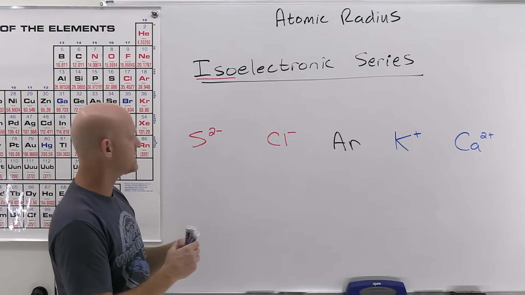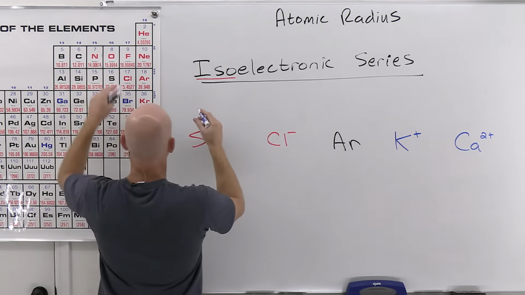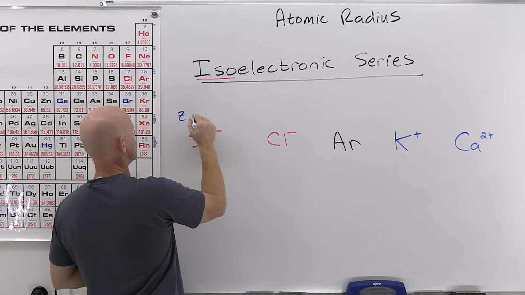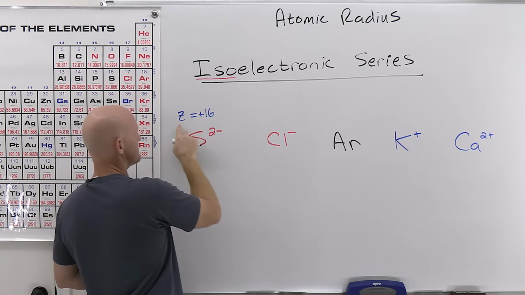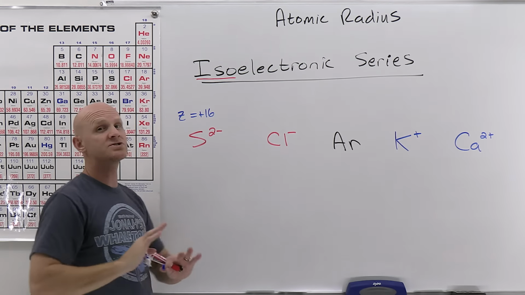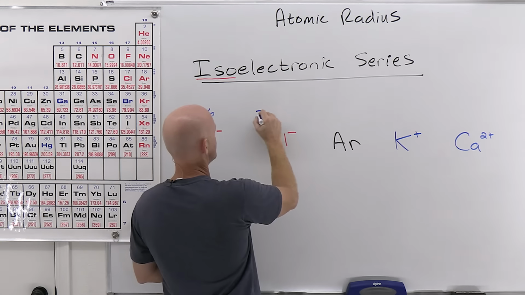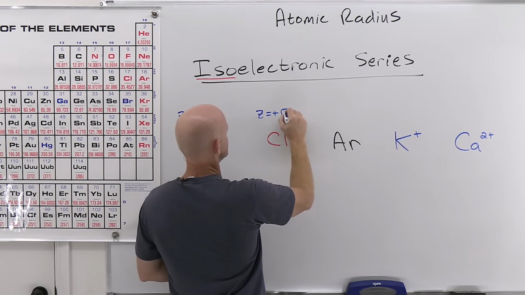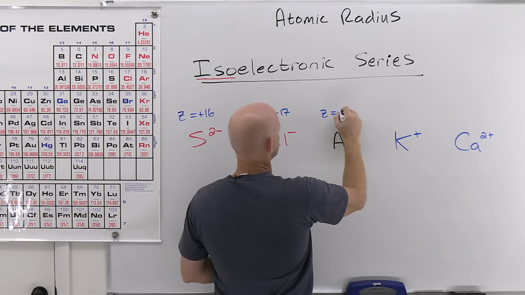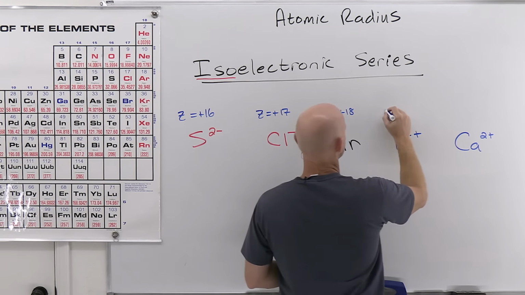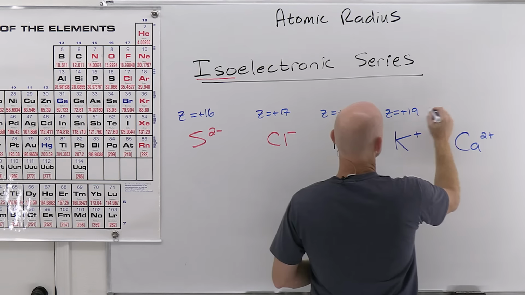And so if we look at the nuclear charge here, which is the atomic number, so for sulfur, the nuclear charge, not the effective nuclear charge, but just the nuclear charge is +16, the same as the atomic number. Here for chlorine, it's +17. For argon, +18. For potassium, +19.